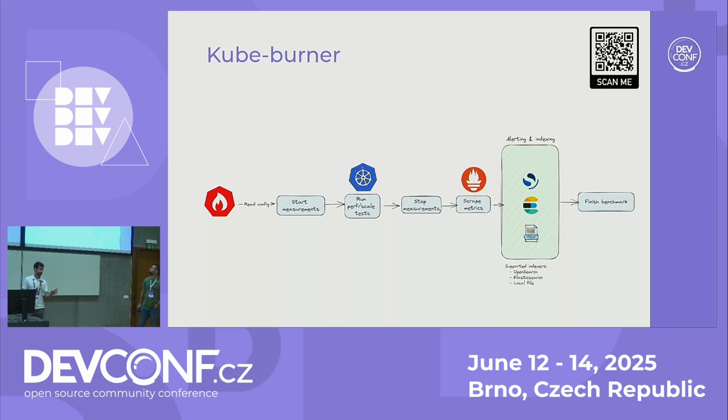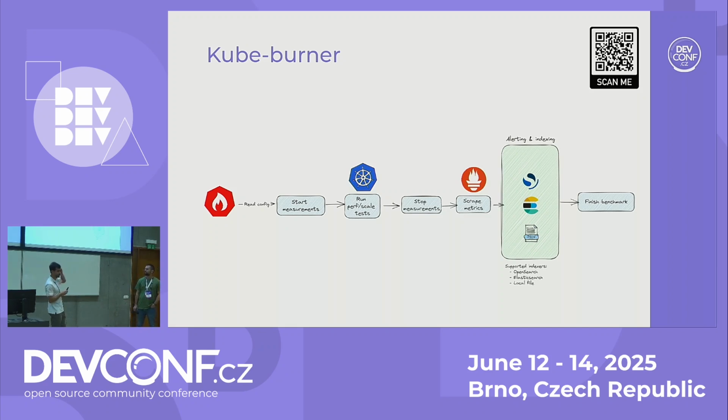Once the performance and scale tests finish, KubeBurner saves the end timestamp and scrapes Prometheus metrics using the initial timestamp and ending timestamp to just scrape the Prometheus metrics relevant for those timestamp ranges. And once we have all that information, along with the collected measurements information, KubeBurner is able to alert and to index that information in one of the supported indexers, which at the moment are just OpenSearch, Elasticsearch, and local JSON files.